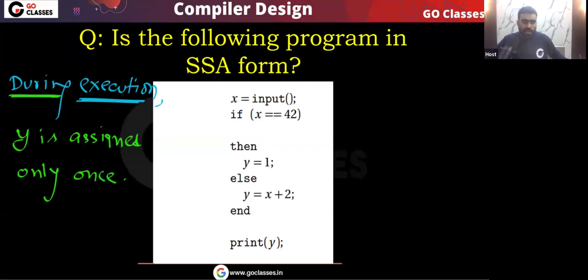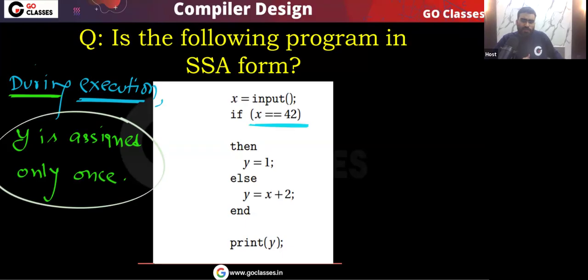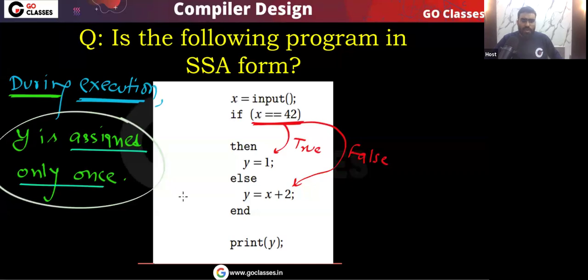Because this is if-then: if the x value is 42 and this is true, then this will happen. If this is false, then this will happen. So during the execution, y is assigned only once. So can I say this is in SSA form?